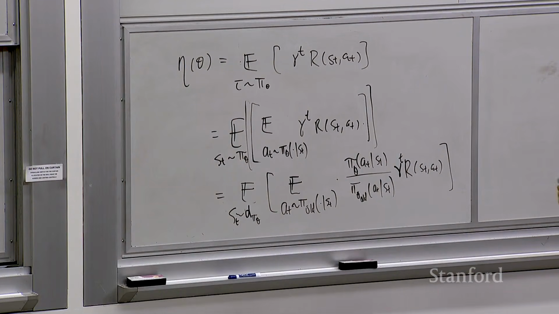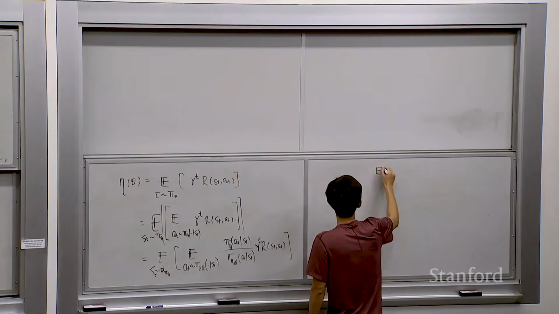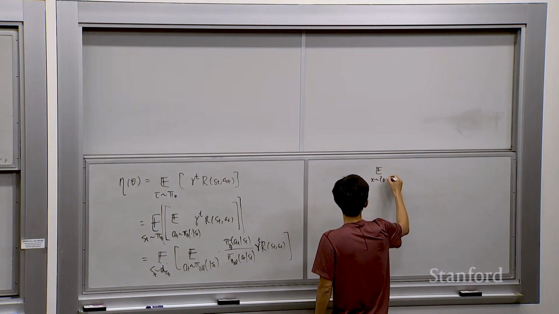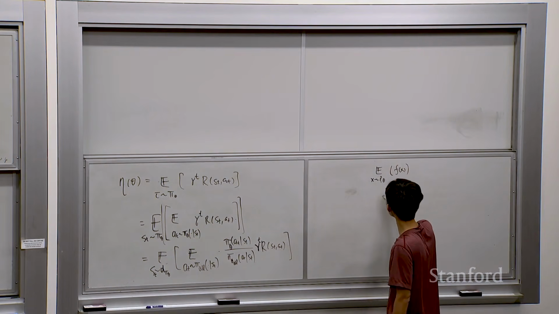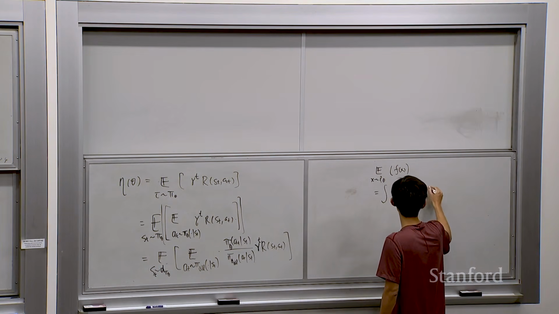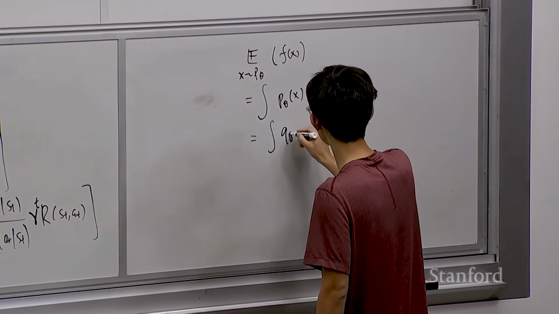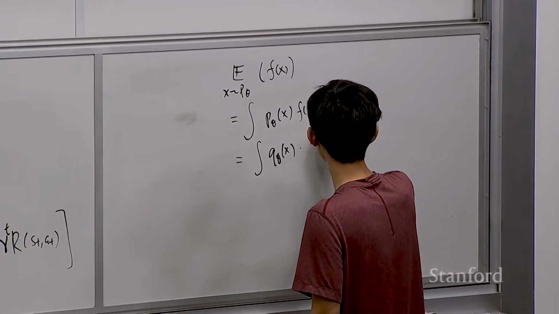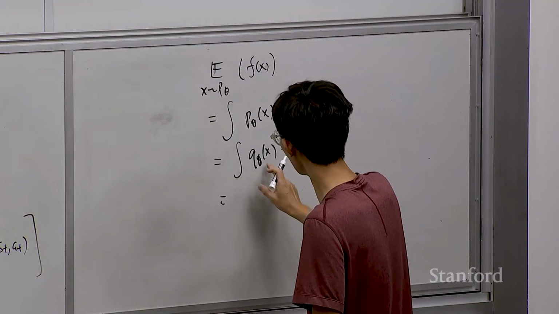If it cancels out, then we should not be left with anything, right? Fundamentally, what he's doing is the following. Suppose you have x from p theta, and then there's a function f(x). To do importance sampling, you say this is the integration of p theta(x) f(x) dx. Then I introduce a q, so I have p theta(x) divided by q theta(x) dx, and you put this part in the expectation.